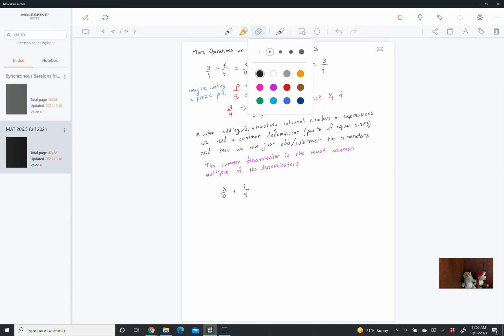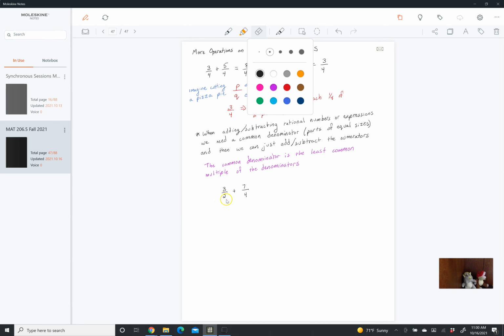Okay, well, this really doesn't work. You can't add these two things when they're different sizes. We need to figure out how to take the slices and make them all the same size. That's what we're doing with the common denominators.